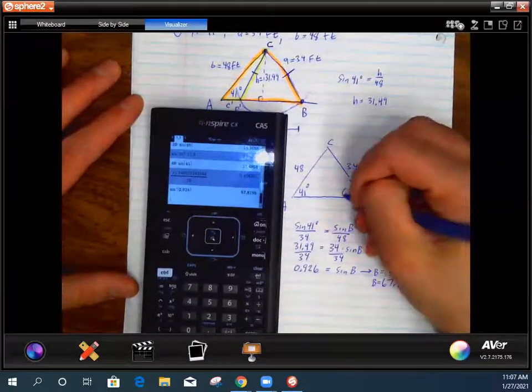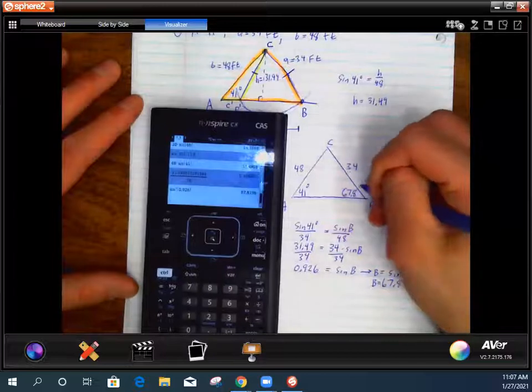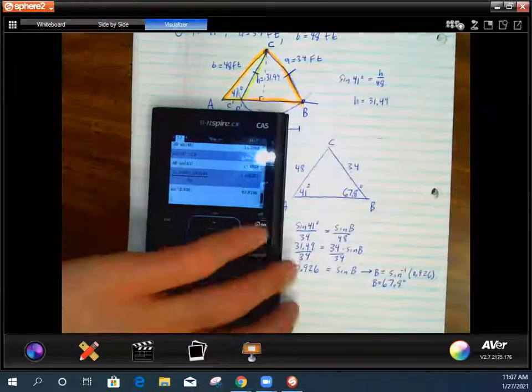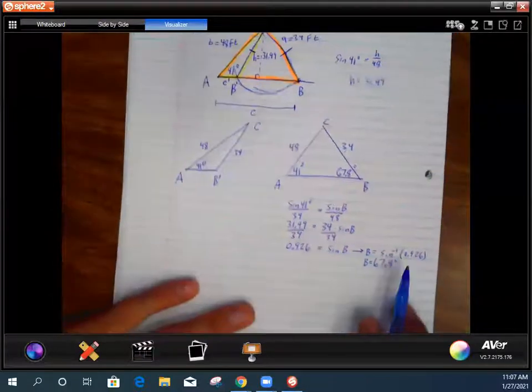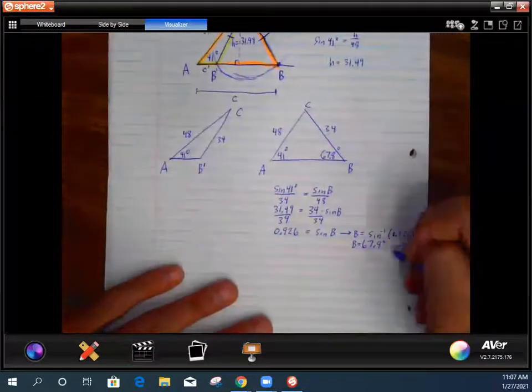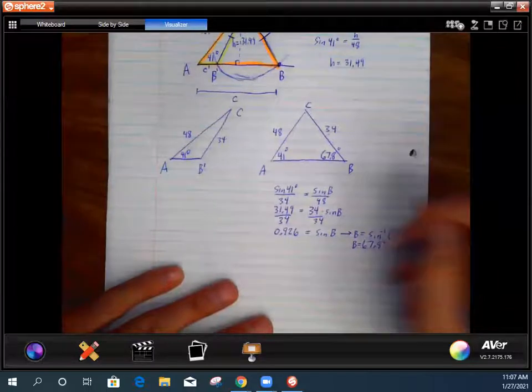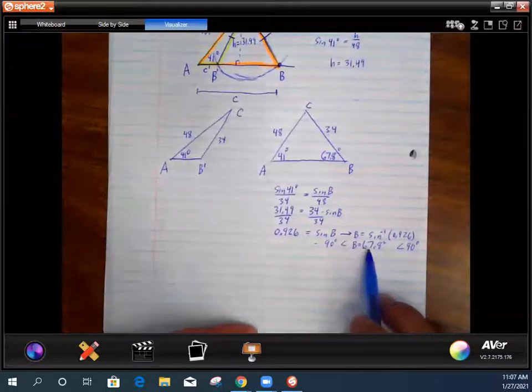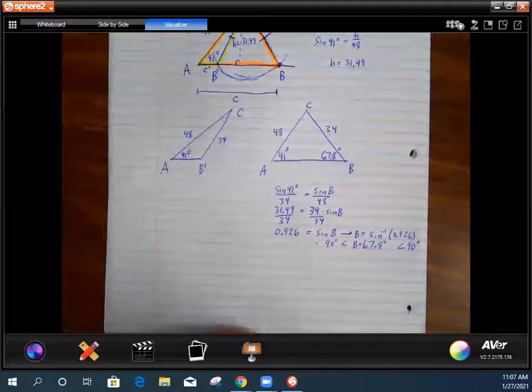So this angle here would be 67.8 degrees. And remember that when you do sine inverse, it's always going to give you an angle between 90 and negative 90, which is why we got the sine of 67.8 degrees.